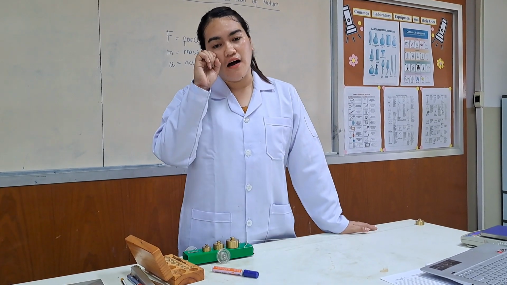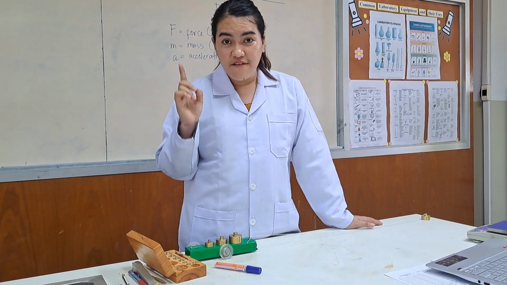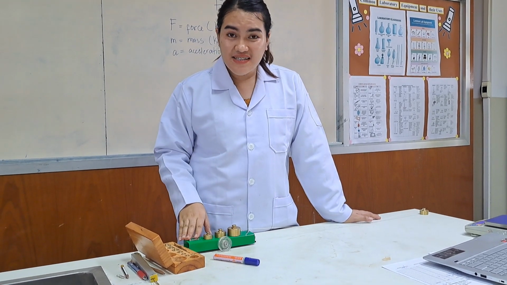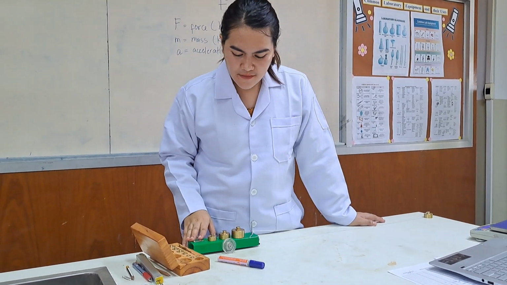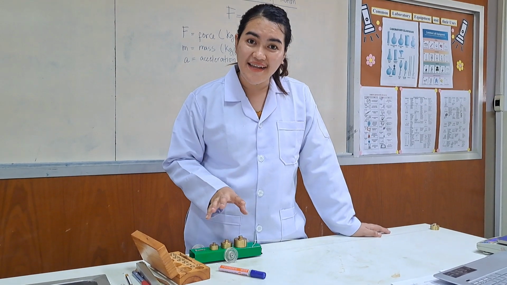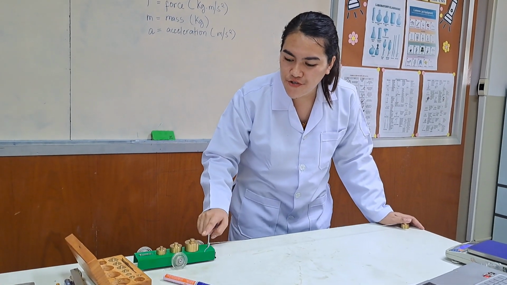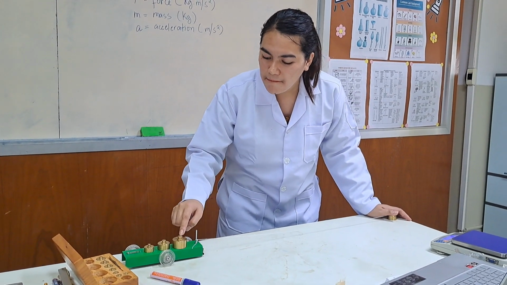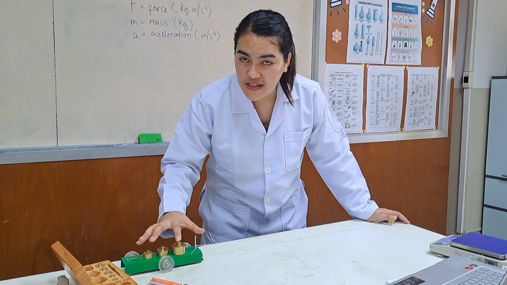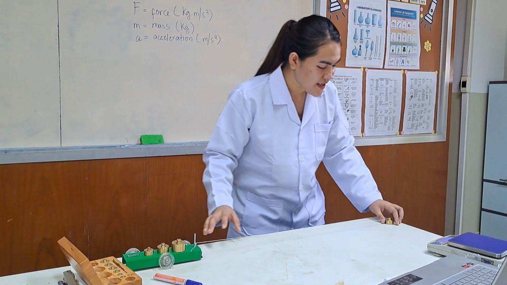Let's try to figure out what could be the effect on the acceleration of this object when we add weights. So, this one we have a 500-gram dynamic cart plus 350. This is a total of 850 grams load.